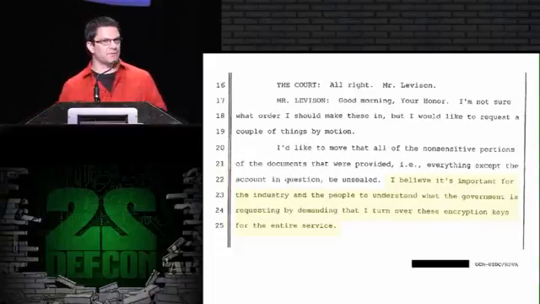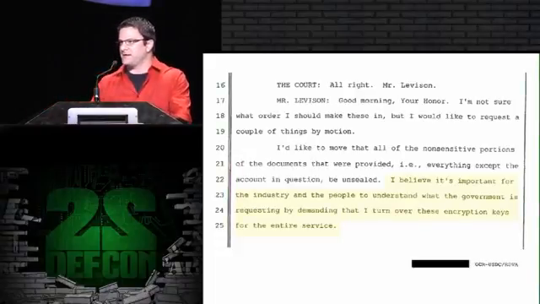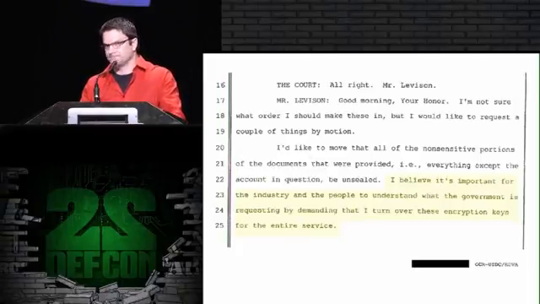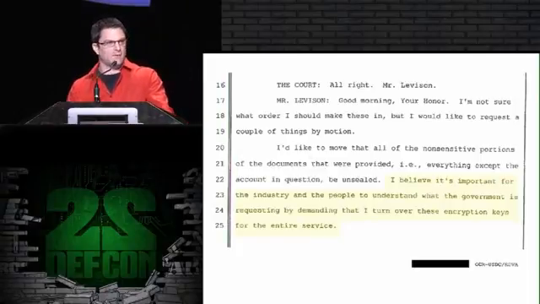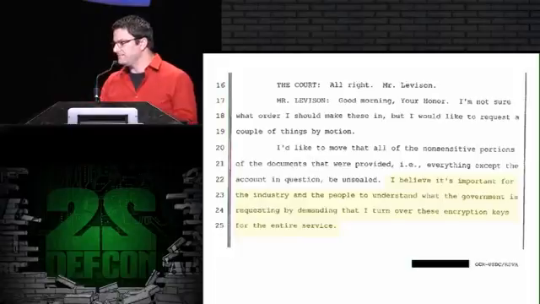I thought I'd use this other example from my own case to illustrate why the protection of metadata is so important. Here I am in court saying that I would like to tell people that the FBI is asking for my SSL private key.